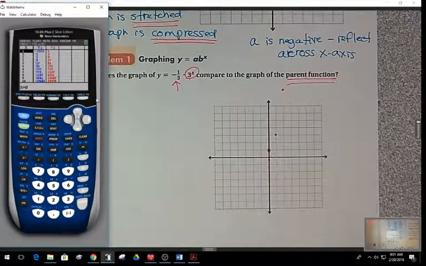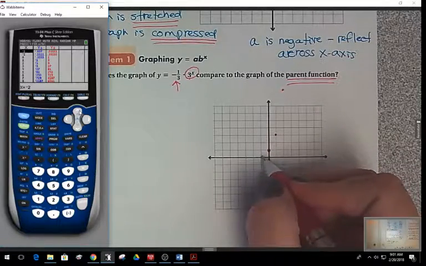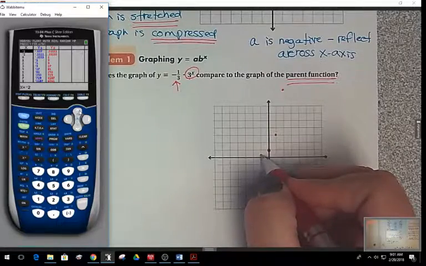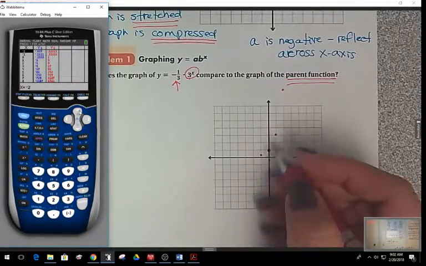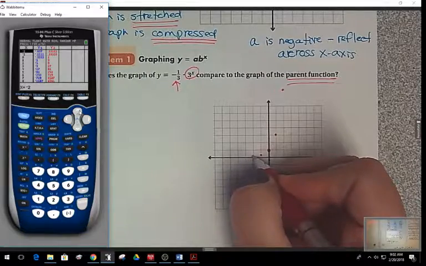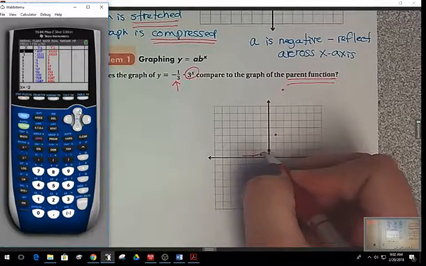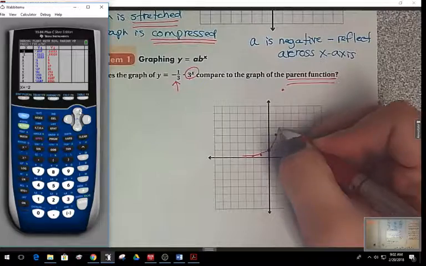I can scroll up just a little bit to get a couple of those other y values. So when x is negative 1, y is 0.3. When x is negative 2, y is 0.1. And so here is our parent graph.